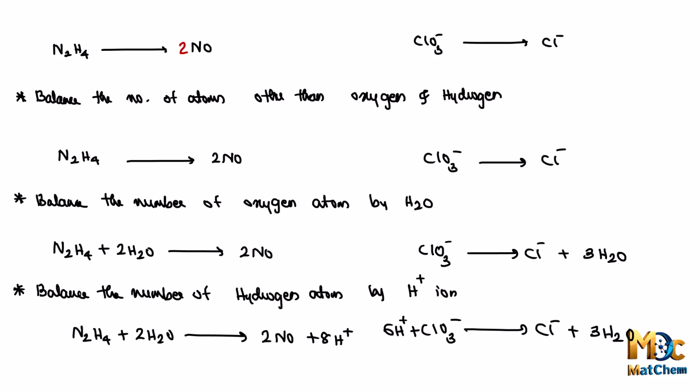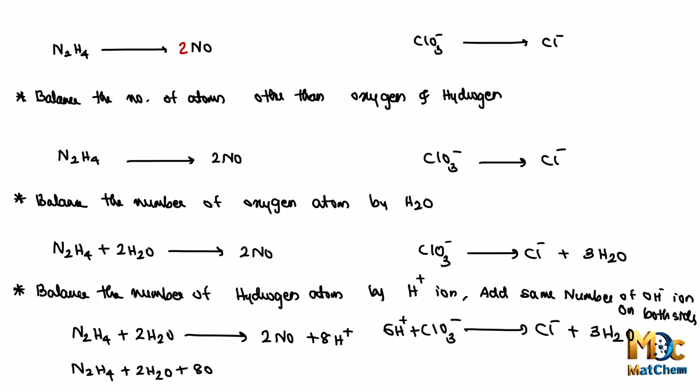So we will be adding the same number of OH minus ions on both sides of the equation. So balance the number of hydrogen, then add the same number of OH minus ions on both sides. So what you will get? You will get N2H4 plus 2H2O, 8H plus.